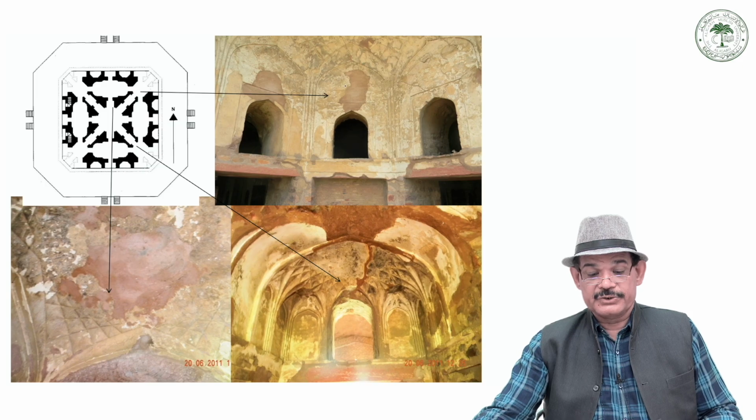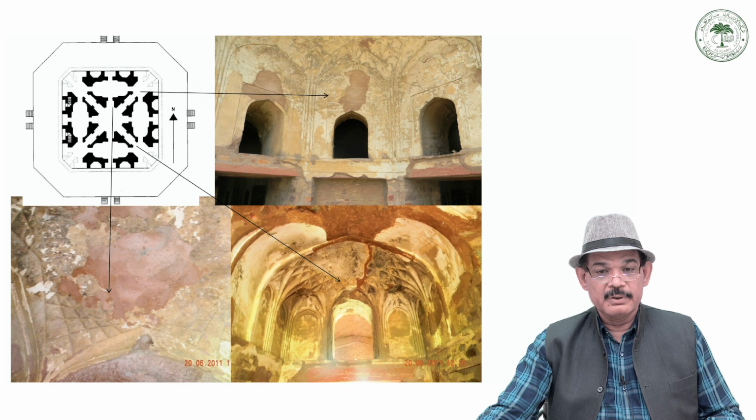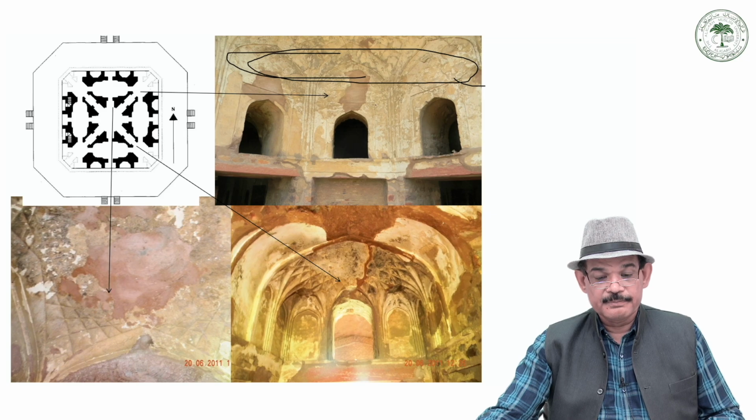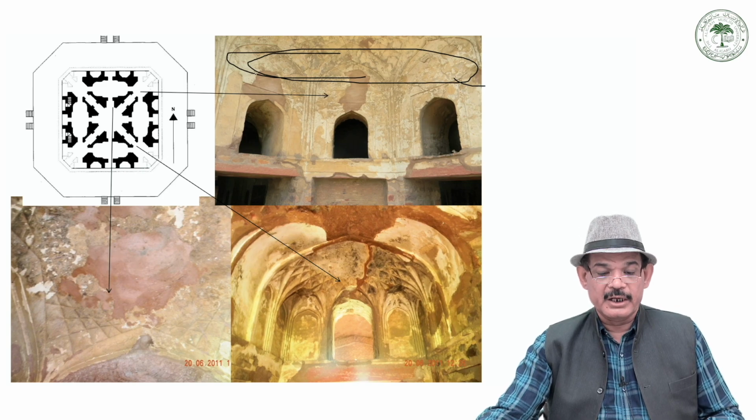Now the roofing system. The central chamber is surmounted by a concave ceiling. The roof is flat, but inside the ceiling is concave.